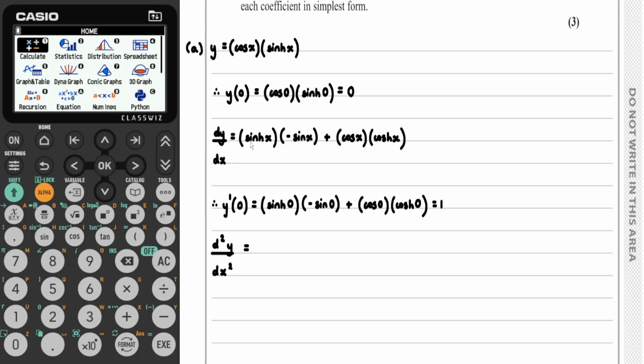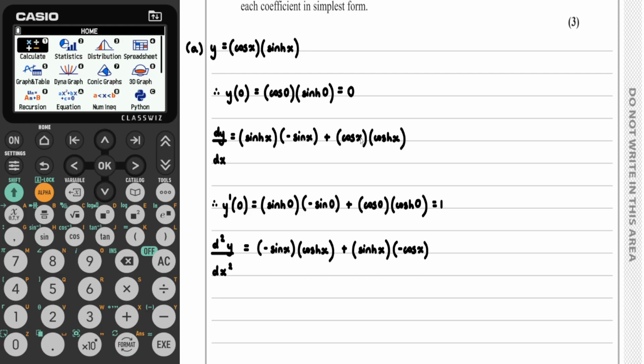If I focus on the hyperbolic sine x times negative sine x, we would have v, which is negative sine x, times u dash, which is hyperbolic cosine x, plus u, which is hyperbolic sine x, times v dash, which is negative cos x.